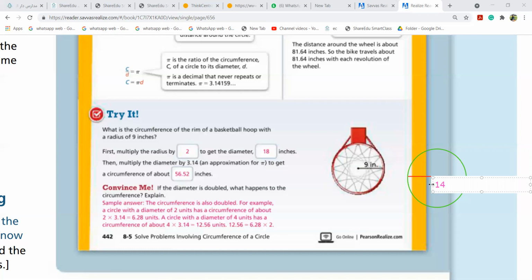It's 28. One minute here, Zishan. Zishan, listen to my question. The whole thing from here to here. From here to here. This is 14. So how much is the radius?